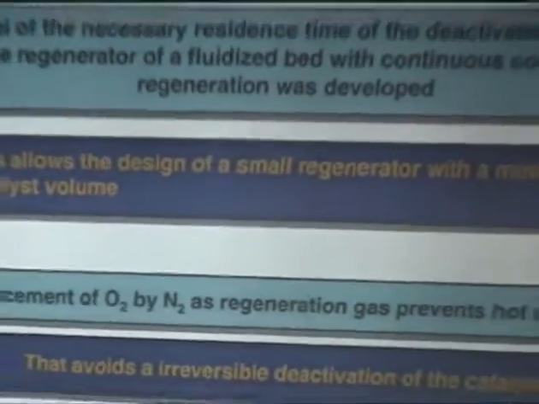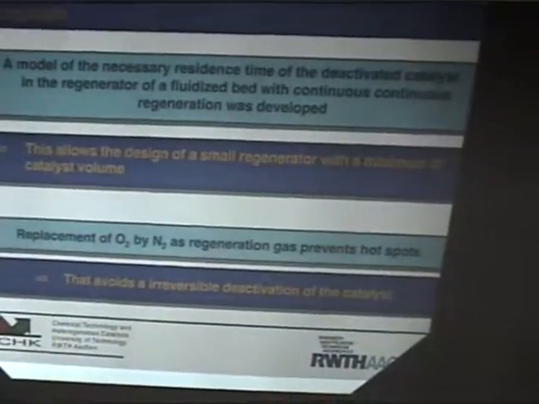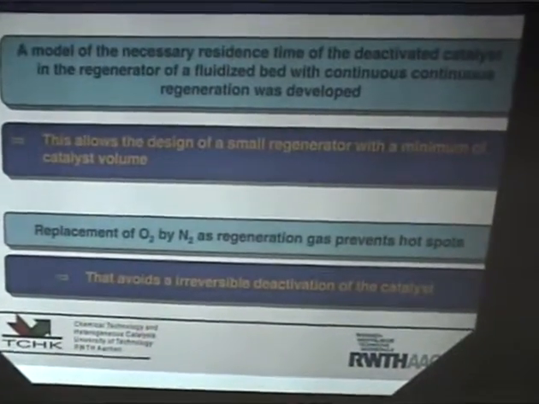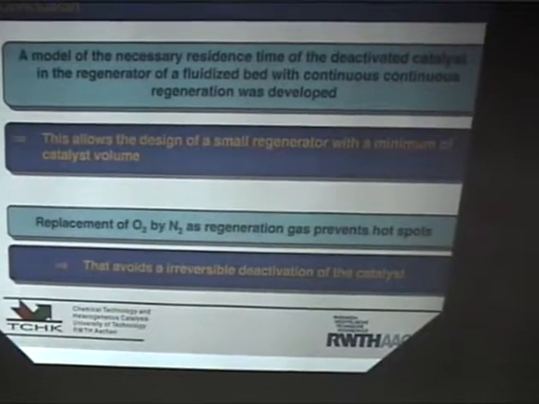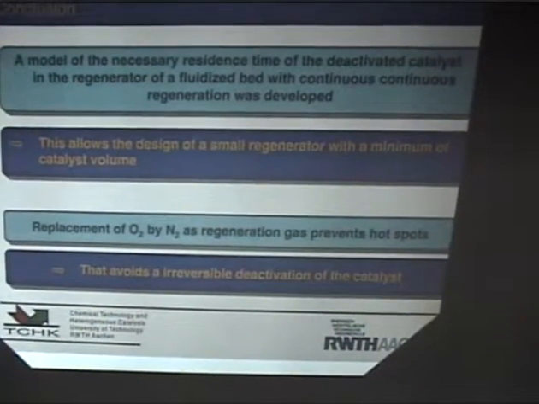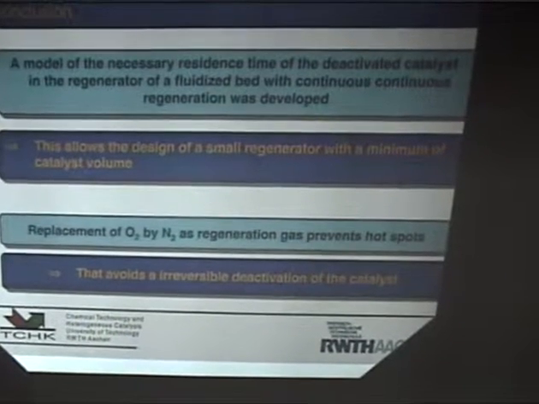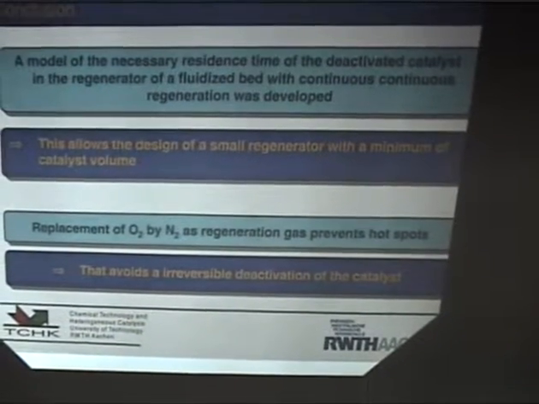Now to the next conclusion. We have been able to find a model and to determine the necessary residence time of the deactivated catalyst in the regenerator of this fluidized bed system with continuous regeneration.